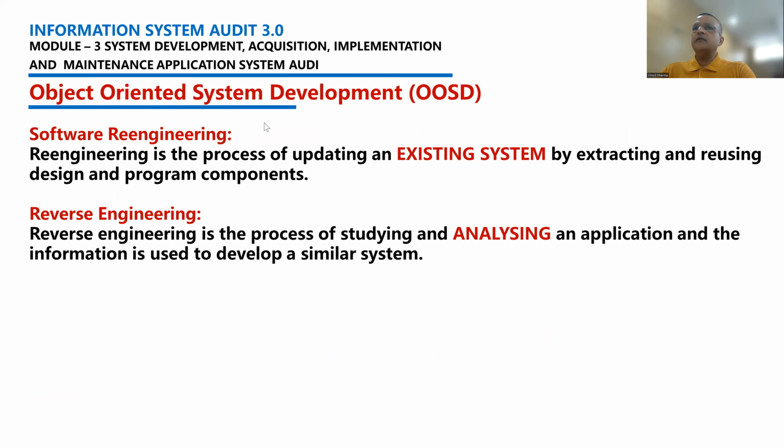I think these are the two things which you should also remember. One is software re-engineering and the other is reverse engineering, sorry. Re-engineering is the process of updating an existing system by extracting and reusing design and program components.